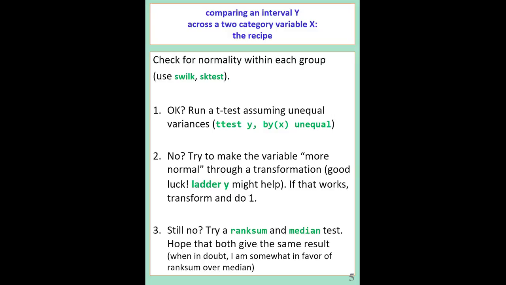Then we now do not run the t-test on y, but the t-test on the transformed y. And we're back to 1 again. But it could, of course, be that you cannot find any kind of transformation that will work here. No transformation will turn that distribution into something that resembles a normal distribution, and then you have to do something else. And that is a rank sum and or a median test.